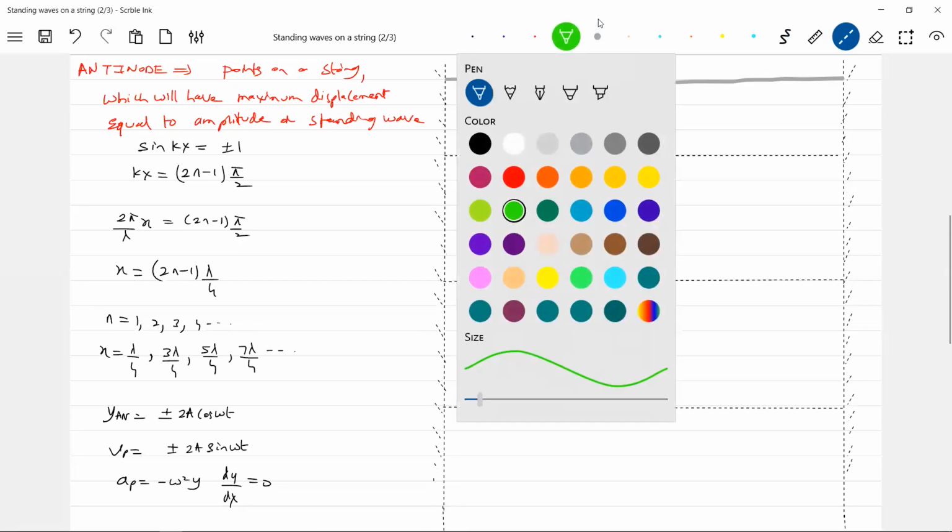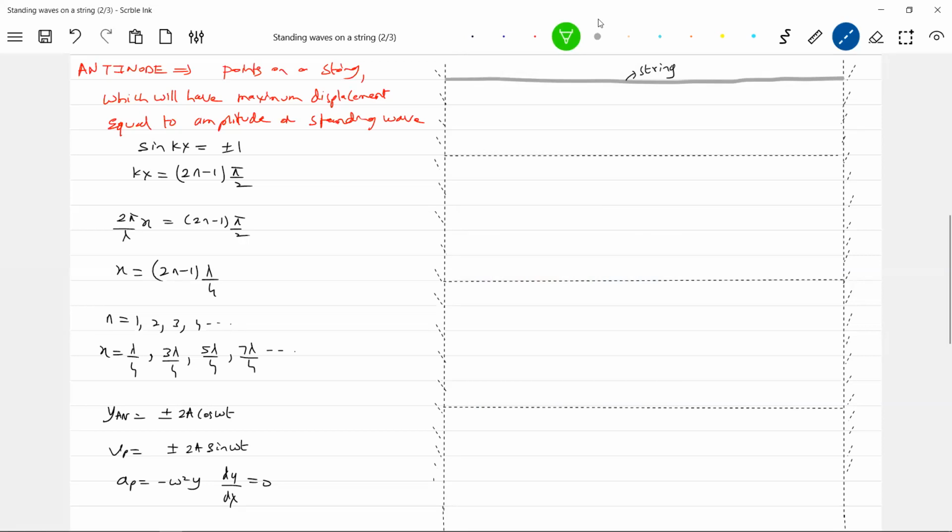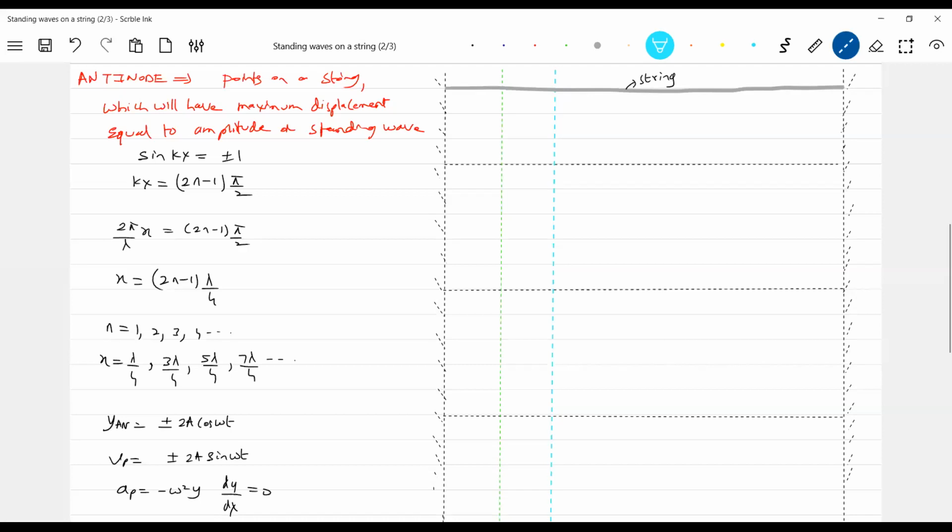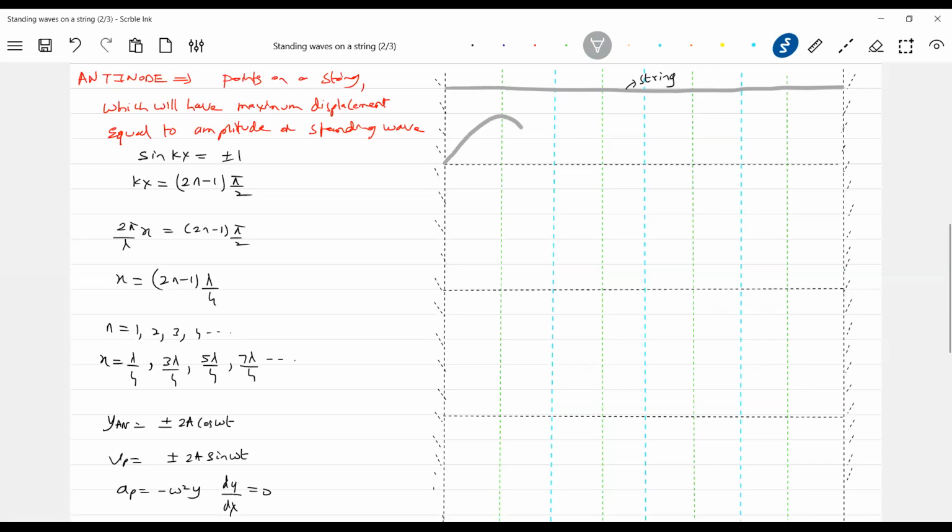Let me have some more reference lines. It'll be easy for me. Antinode. Node. Okay, we have this like this. So let me show the shape of the string. It's a sine wave.